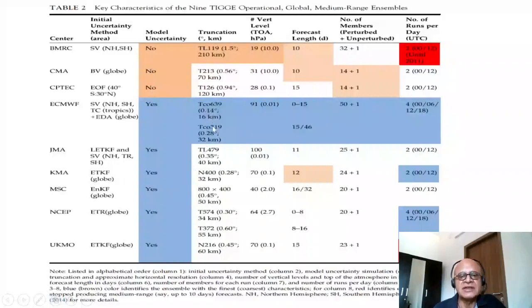uncertainties are represented here. This is the vertical levels. Forecast lengths in terms of days also varies. Number of members, perturbed and unperturbed ensemble members, also vary. So you can see ECMWF is kind of the global leader on innovation and ensembling and resolutions and skill scores and in general reliability.